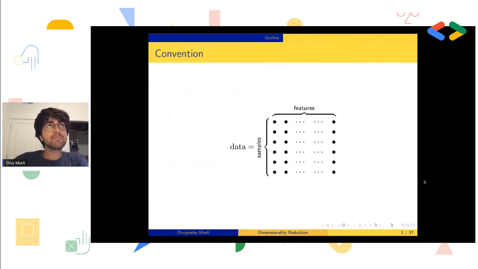So I'm going to lay out the convention of this presentation, what kind of data sets we'll be looking at. The type of data sets are these tabular data sets.